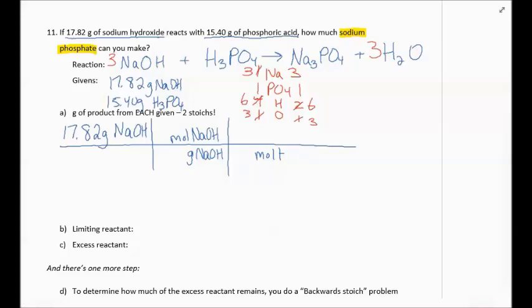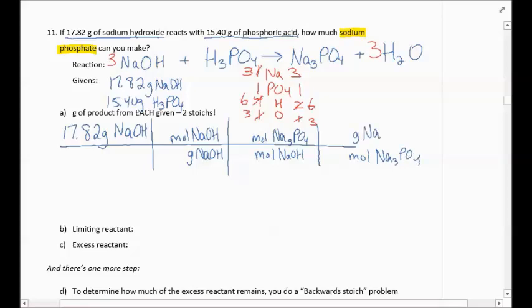Then moles of sodium hydroxide to moles of sodium phosphate. And then moles of sodium phosphate to grams of sodium phosphate. So we can fill in some of our values.